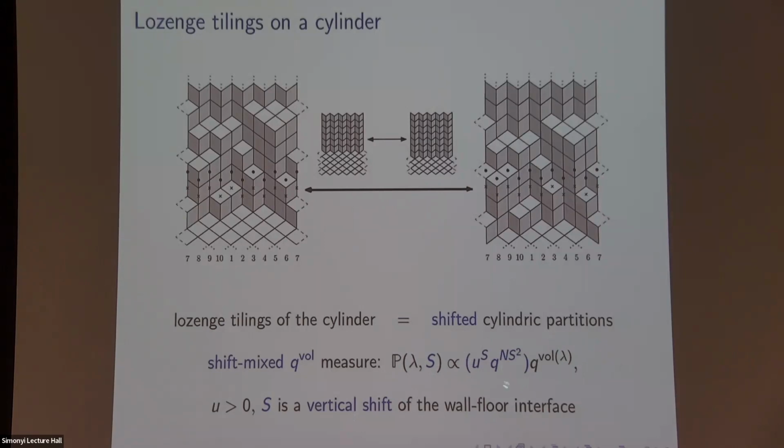Why this is a good choice of the distribution of this vertical shift, we will see later, but so far, this is just a definition of the model. We deal with independent pairs of cylindric partition and vertical shift. And U is the general parameter you can choose.